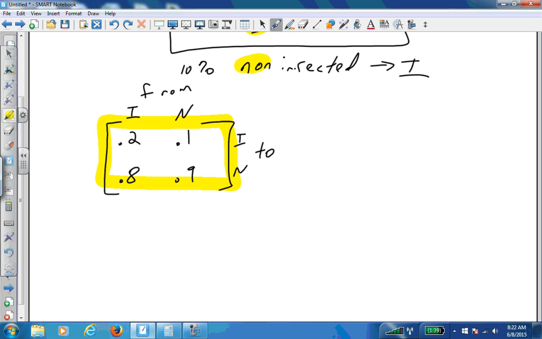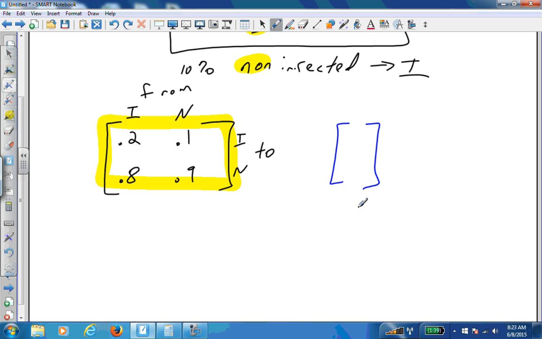So what we'll do is have a column vector that we'll use as our input. If we know the population's parameters at a certain time, we can find out what we should expect from week to week.